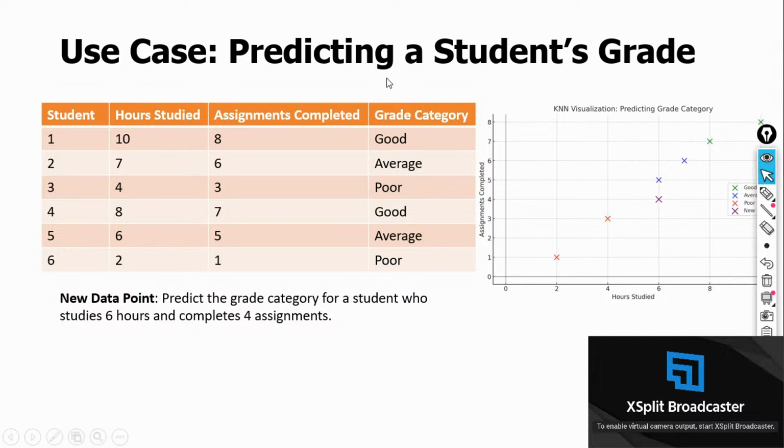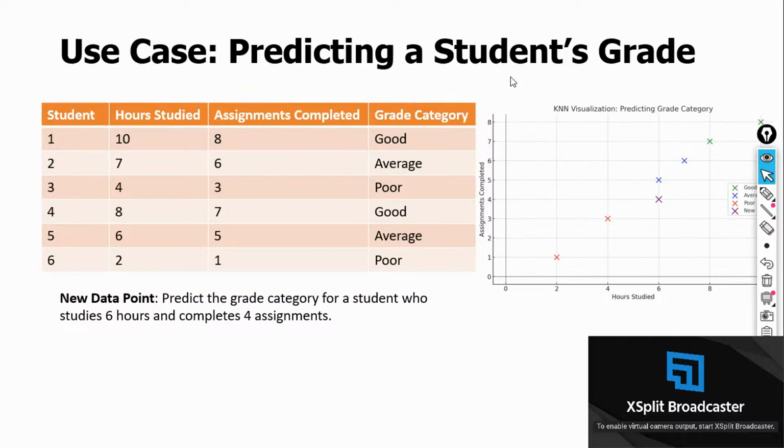So this is predicting students' grade, a use case, and in the table I have the details of 6 students depending on the hours that they have invested for studying: 10 hours, 7 hours, 4, 8, 6, 2, different students, different capacity. Accordingly they'll invest their time for studying.